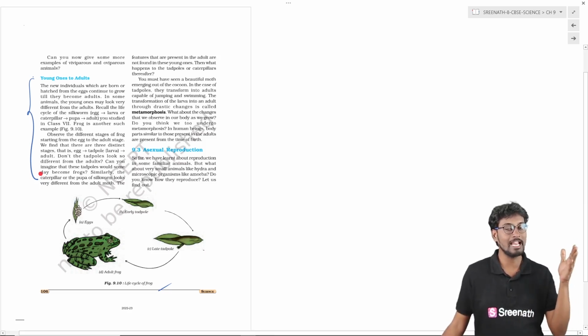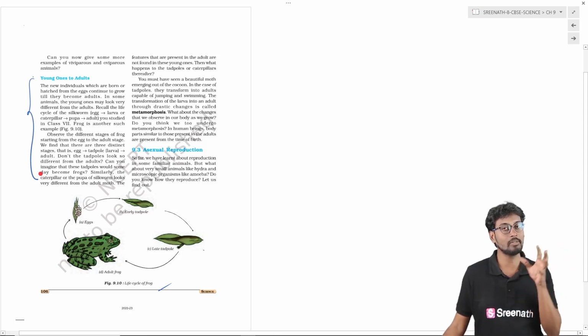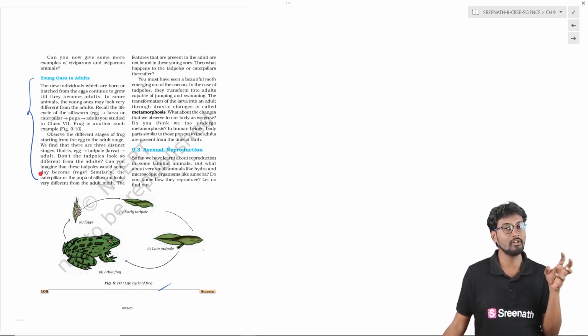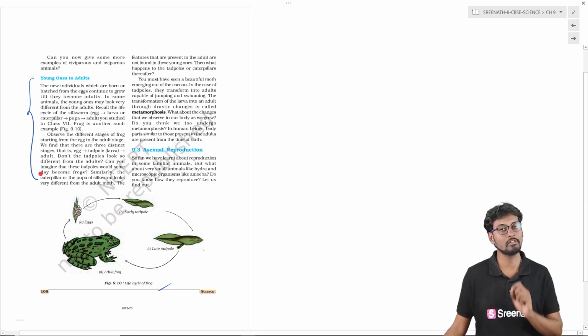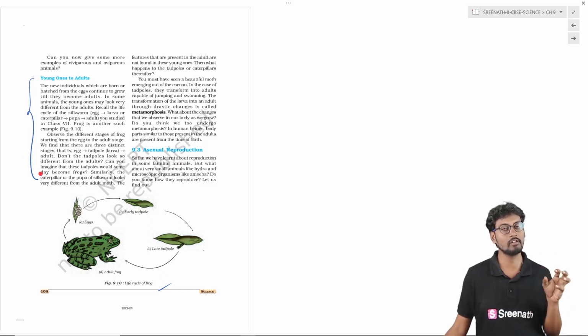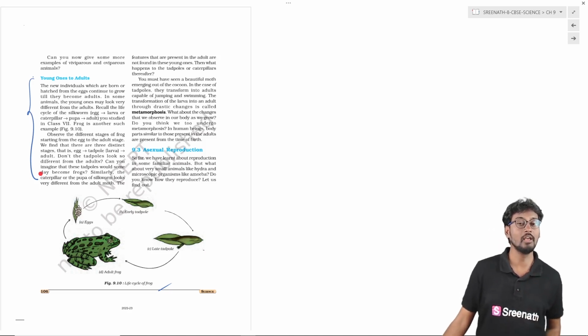The entire developmental process, right from fertilization to the formation of the mature organism, takes place outside, in the external environment.